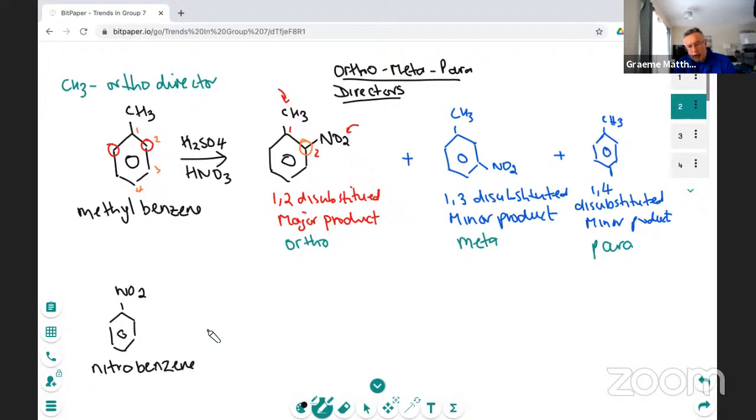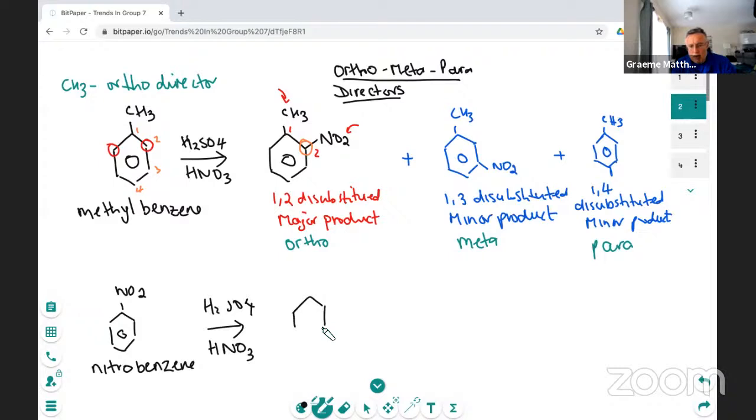Nitrobenzene is a 1,4 director, a para director, and so if I do the same reaction, I've got sulfuric acid here, and I've got some nitric acid added in with it. I'll talk about this in a minute.